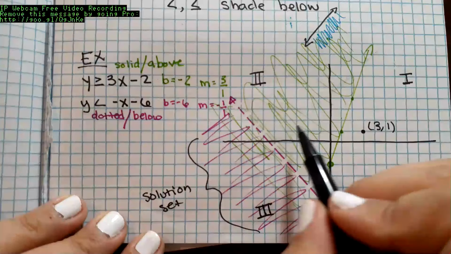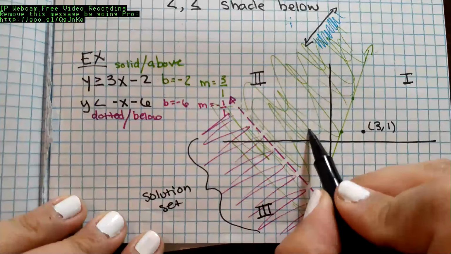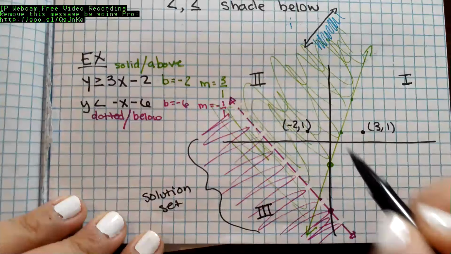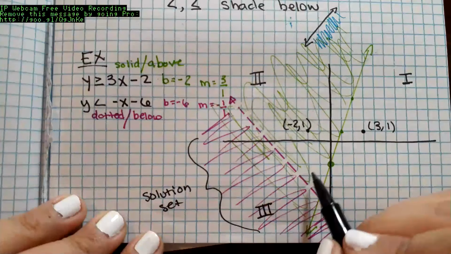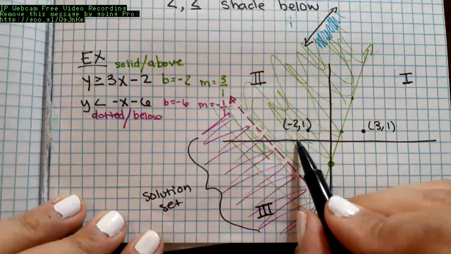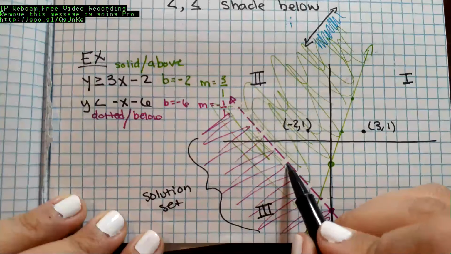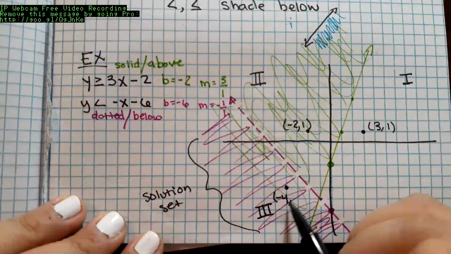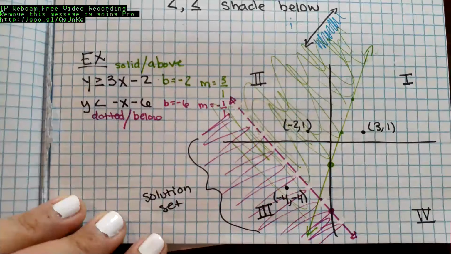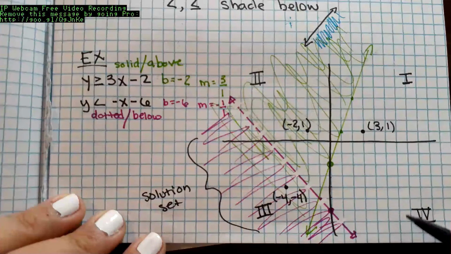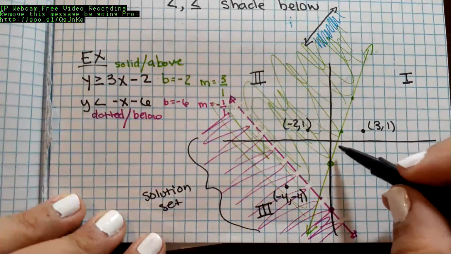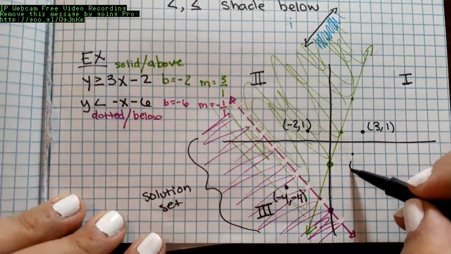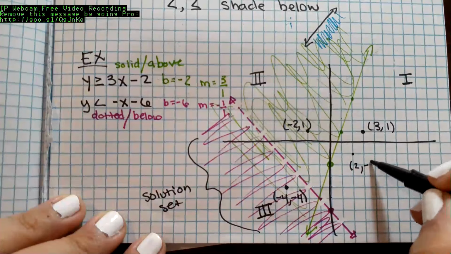And then over here in my second region, I'm just gonna go for this one, -2, 1. Over here, I'm just gonna go over 1, 2, 3, 4, 1, 2, 3, 4. That seems good. So -4, -4. And in my fourth region, we'll do an easy one. So 2, -1.